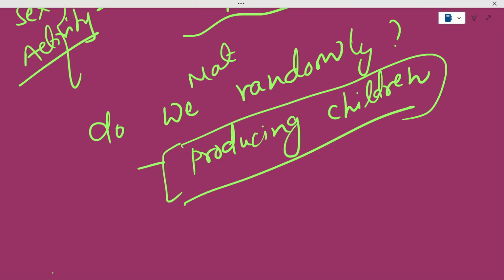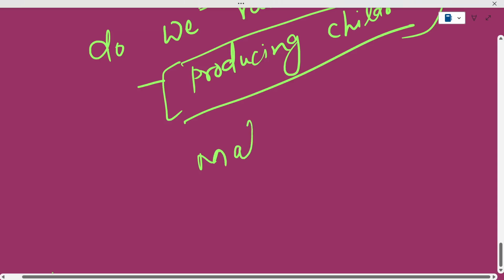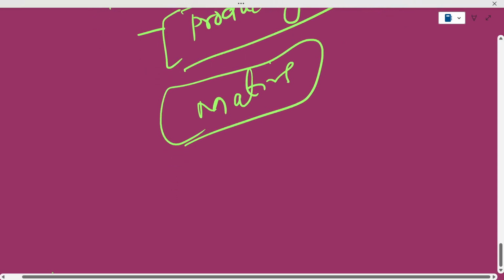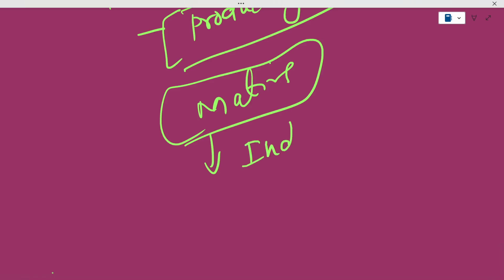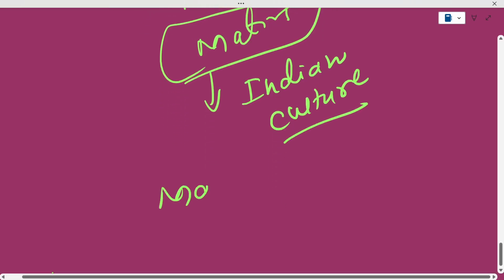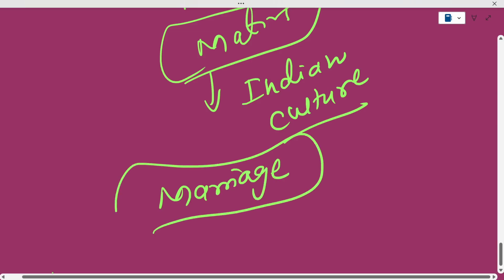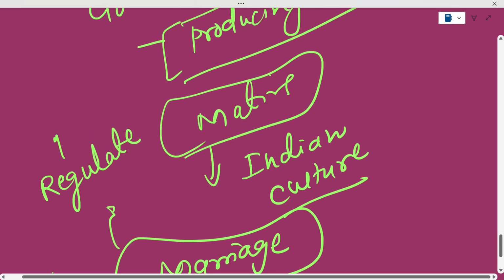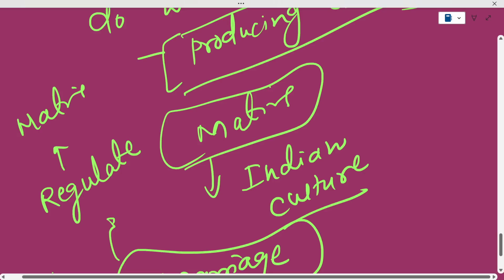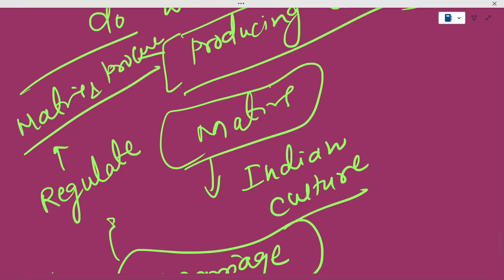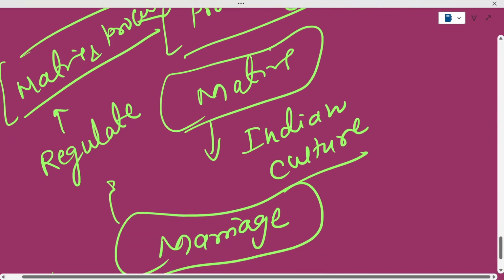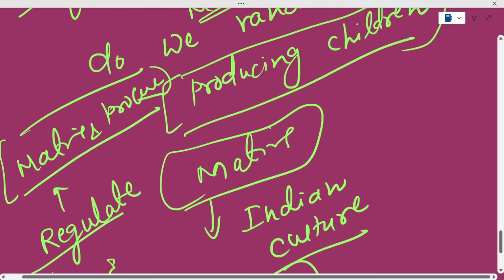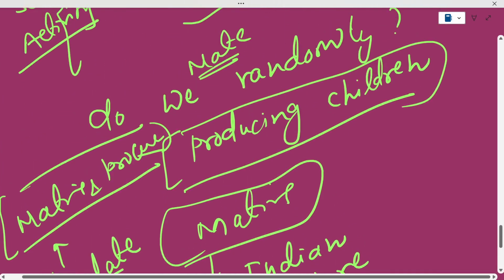How do we mate? This mating pattern, as most of the UPSC aspirants belong to the great ancient culture of India, we know in Indian culture and in culture of many other countries as well, marriage is an institution that is built to regulate the procreation and mating, because the reproduction thing is not limited to this particular sexual activity or producing children.